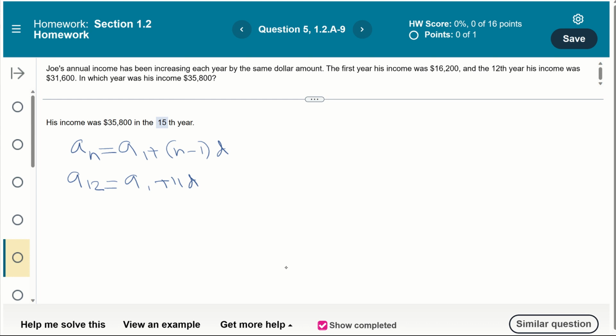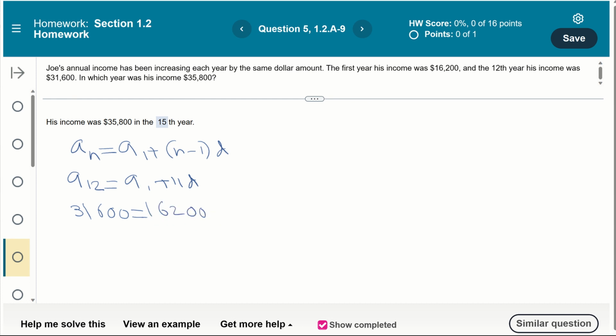All right, so we get 11D, and now let's plug in. We know that in the 12th year it was 31,600, so we get 31,600 equals A1, which is the initial income, 16,200 plus 11D.